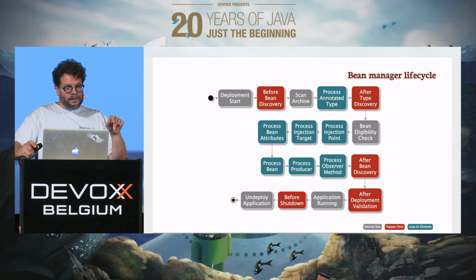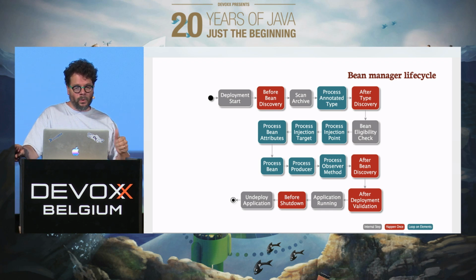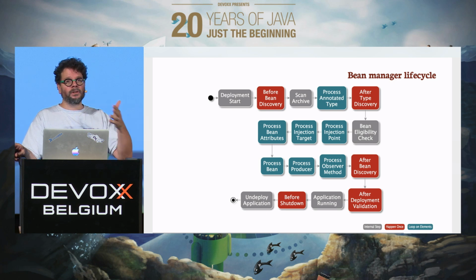Here in the diagram, you have 3 types of step. You have the gray ones, the steps that you don't have hooks on, but are important internal steps. You have the steps in red that happen once, and you have the steps in blue that happen in a loop on a collection of types, beans, etc.